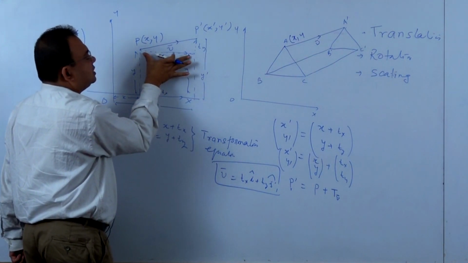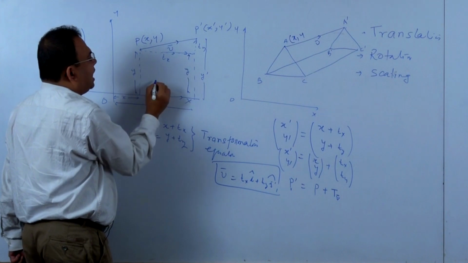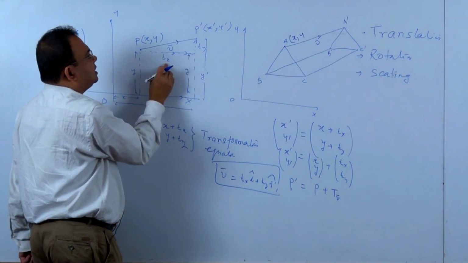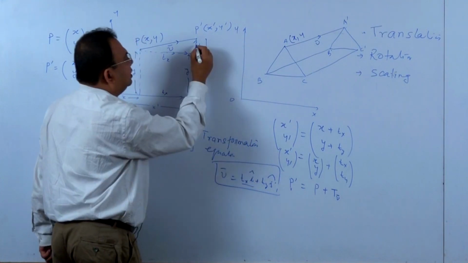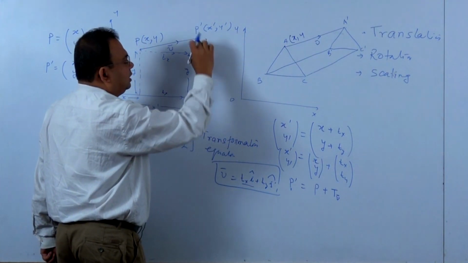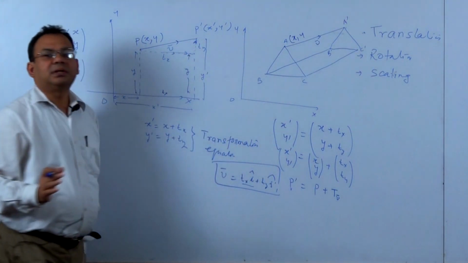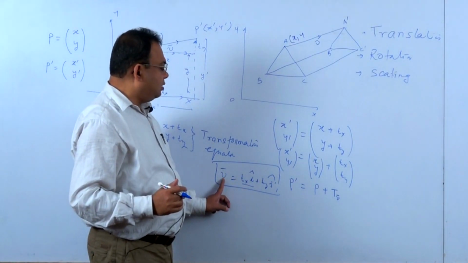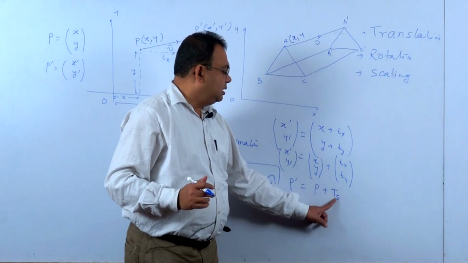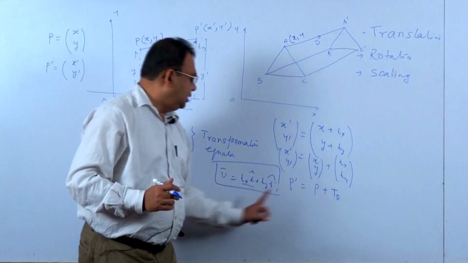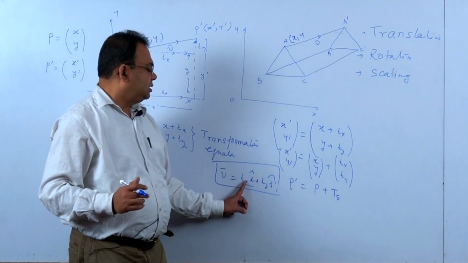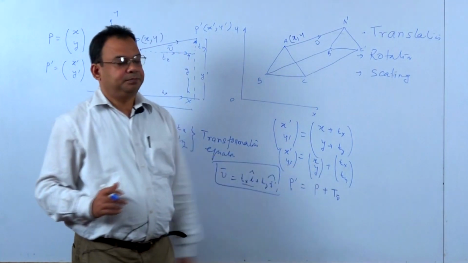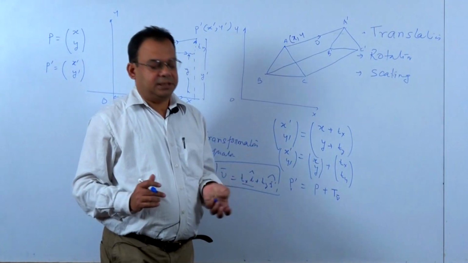So this magnitude is Tx, and i is the unit vector along the x direction. So this vector is Tx into i, and this vector is Ty into j, because j is the unit vector along the y direction. So from this specification of V, we can easily find the translation operator Tv just by considering a column matrix Tx, Ty, and these are added. So this is pure translation.